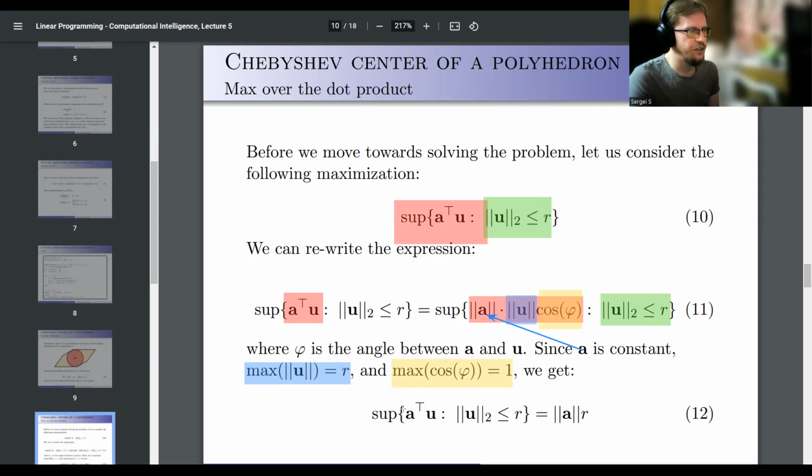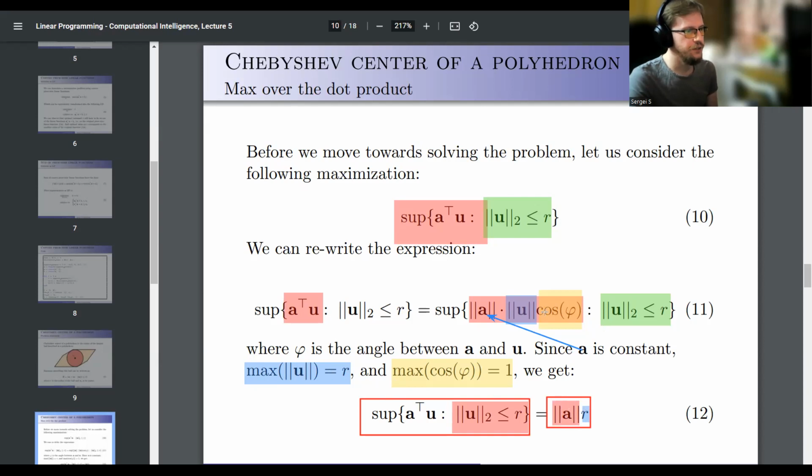So what we got is that from this expression we get to this one. We don't have u anymore, so the red part goes away. How did we get here? Well, I'll repeat. The maximum of the norm of u is r, so this is r. A is constant, so it stays the same as before.